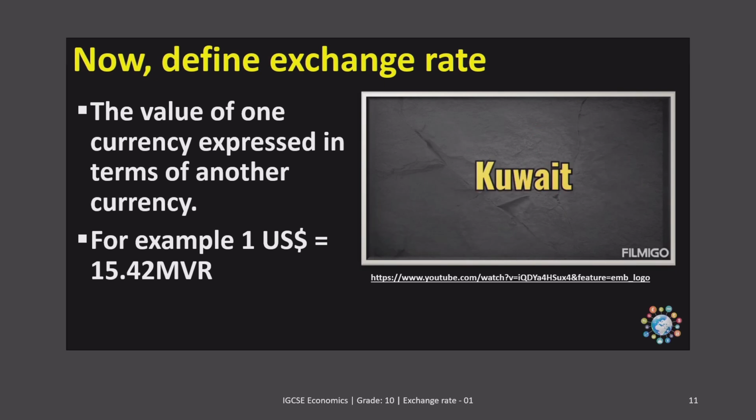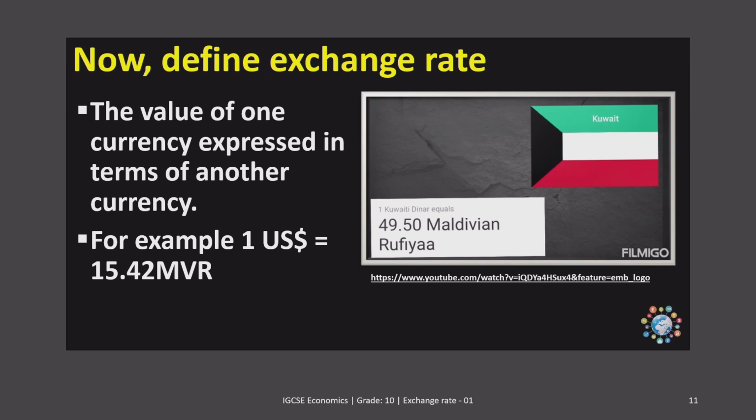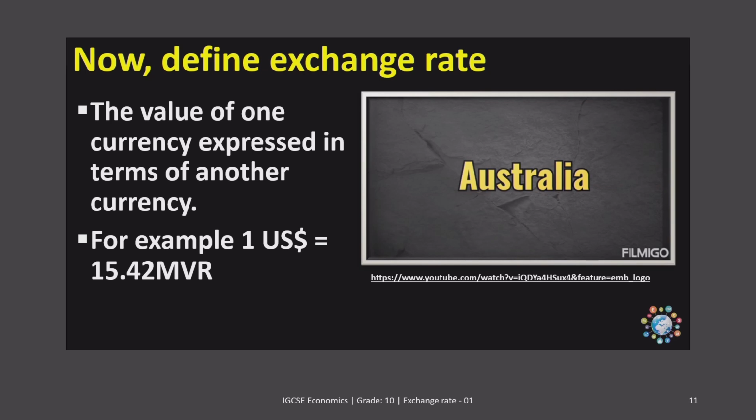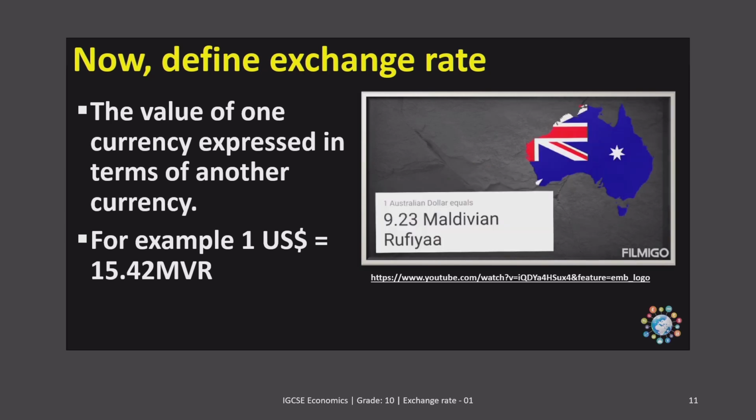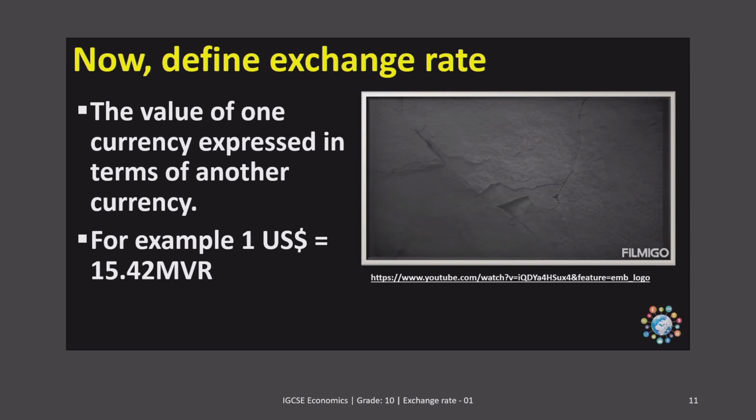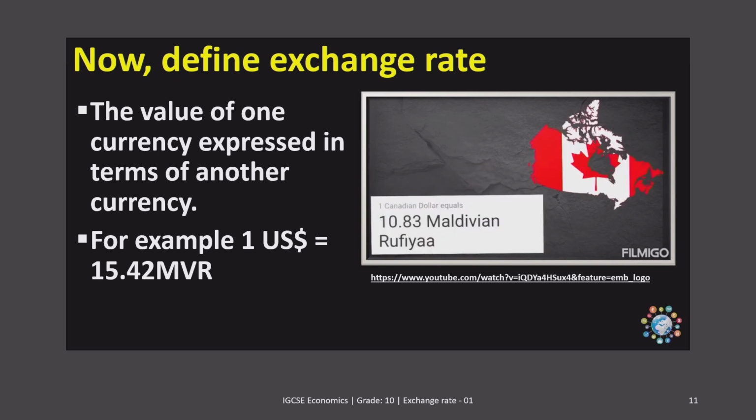Kuwait, 1 dinar is equal to 49.50 Maldivian rupiah. Australia, 1 Australian dollar equals 9.23 Maldivian rupiah. Canada, it's 10.83 Maldivian rupiah.